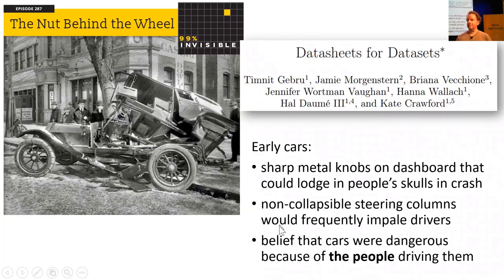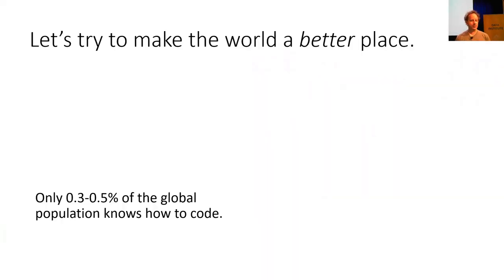Like cars, people died in cars all the time because they literally had sharp metal knobs on dashboards. Steering columns weren't collapsible. And all of the discussion in the community was, that's just how cars are. And when people die in cars, it's because of the people. But then eventually the regulations did come in. And today, driving is dramatically safer. Dozens and dozens of times safer than it was before, right? So often there are things we can do through policy.